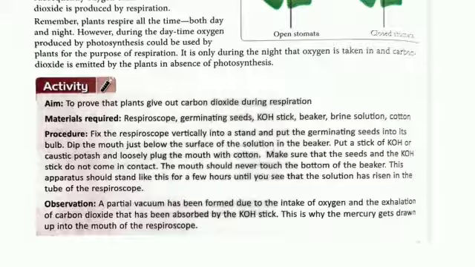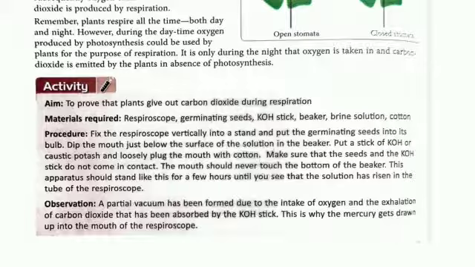This apparatus should stand like this for a few hours until you see the solution has risen in the tube of the respiroscope. Why is it rising? Because there is an exhalation of carbon dioxide by the germinated seeds.